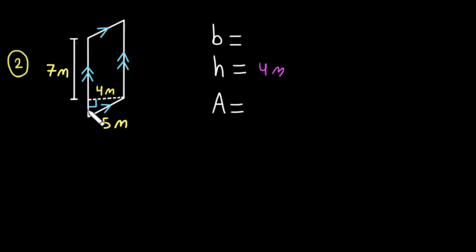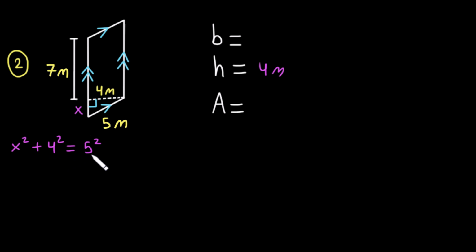Now, to find this part of the base, using the Pythagorean theorem, this square plus this square equals the hypotenuse of this right triangle squared. Let the missing part of this base be x. So x square plus this square, 4 square, equals 5 square.